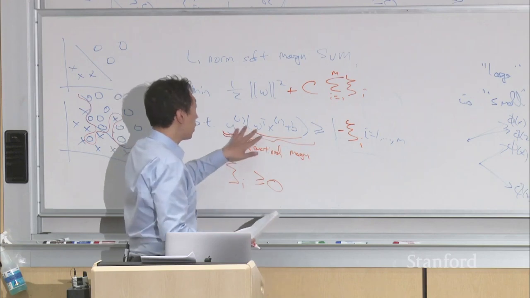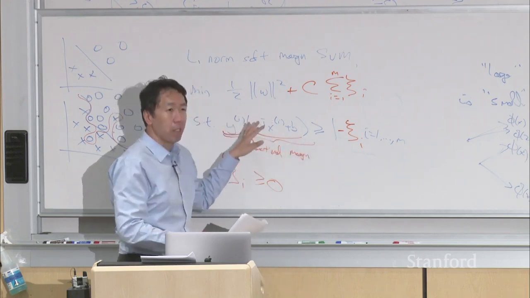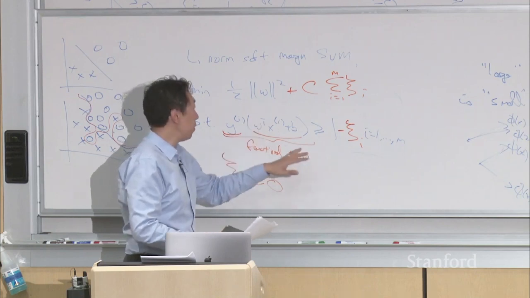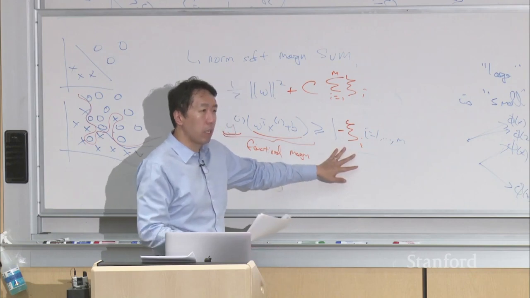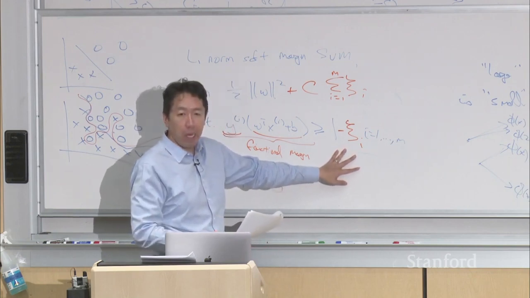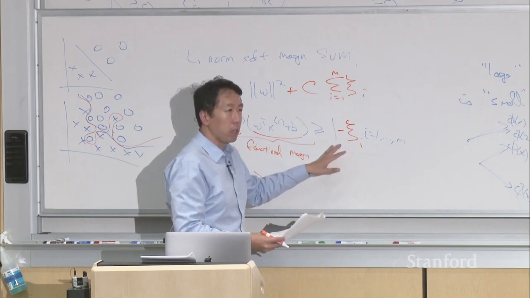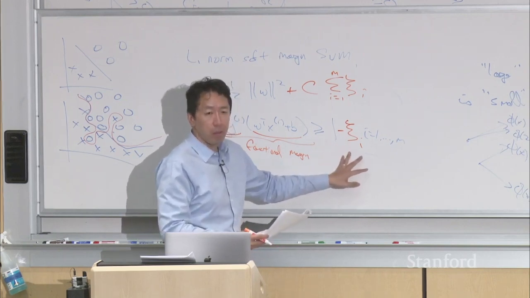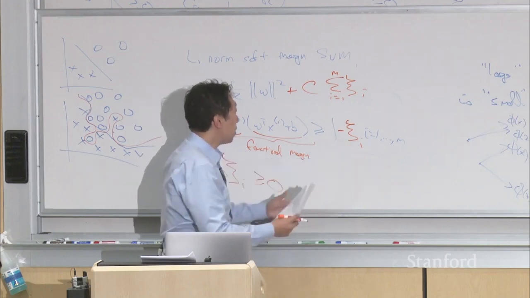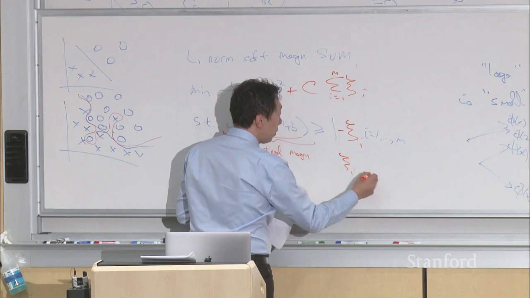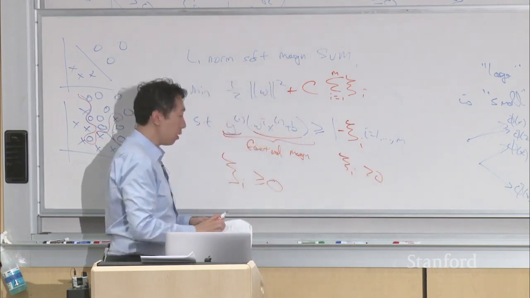That's what it means for a product of two things to be greater than 0. And the SVM is asking for it to not just classify it correctly, but classify it correctly with a functional margin of at least 1.